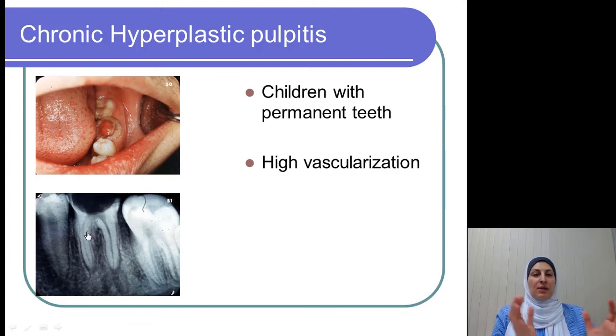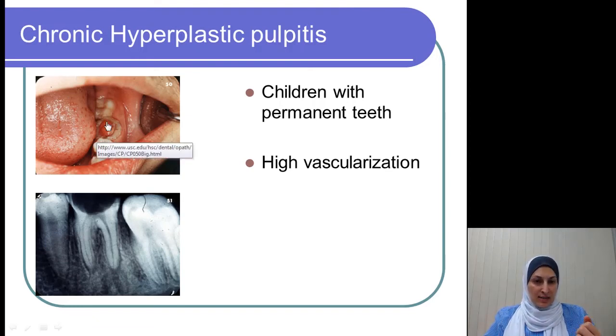Here, because there are no confined walls of the pulp chamber, as the tooth is badly broken, swelling can happen. No necrosis would take place because there's no pressure on the pulp tissue, so the pulp can swell, and we will see it clinically as a pulp polyp. So we call this a pulp polyp.